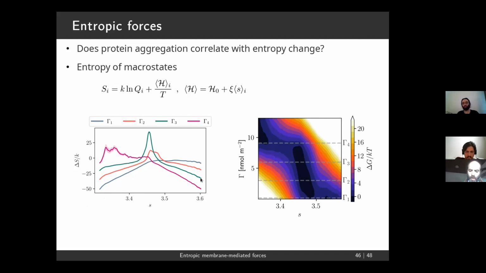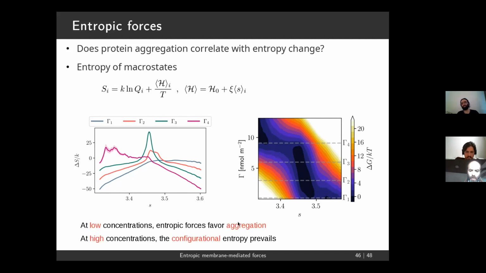But when we move to higher concentrations, we also need to include the loss of entropy due to limited configurational states possible when you want to aggregate proteins together. So there is an opposing effect, and we see it's working when we move towards higher surface concentrations. Actually, proteins prefer not to be aggregated based just on these entropic effects.